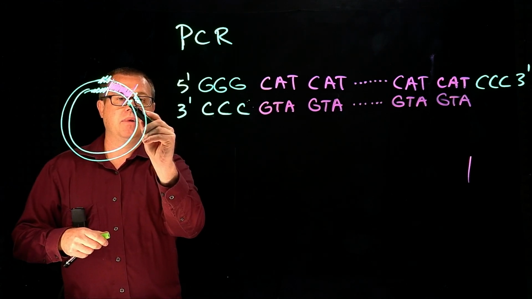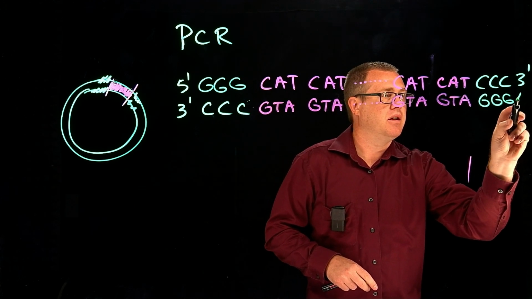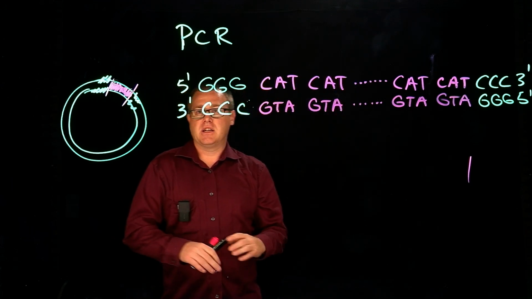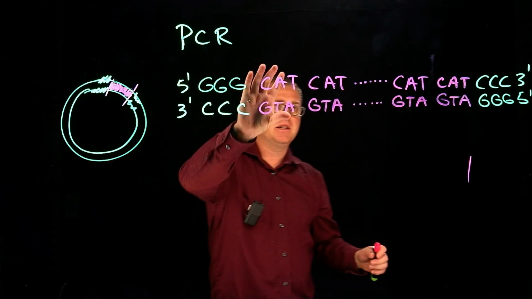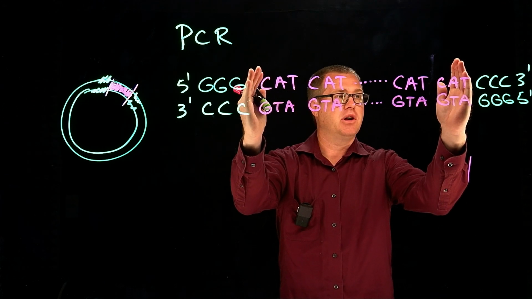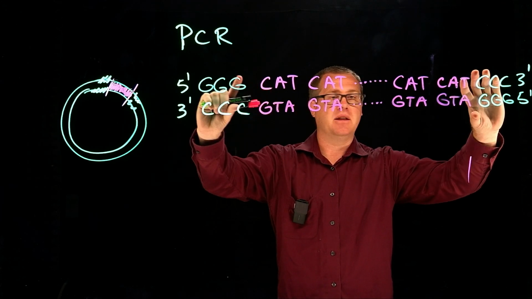And then this little bit right there, which would be GGG, like so. Okay, so there's that little segment. That's the gene of interest, and this is what we want to copy. Make millions and millions of copies of just this, nothing of the green.